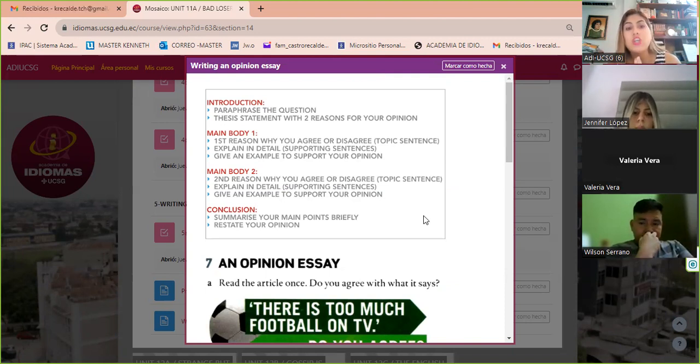And for doing that, you have to use 4 parts. The first part is the introduction, then the main body 1, the main body 2, and the conclusion. In the introduction, you have to paraphrase the question. You have to tell me your thesis statement, or what is your point of view, the main idea of the whole text. Then you have to tell me one reason why you agree or why you disagree with the topic sentence.